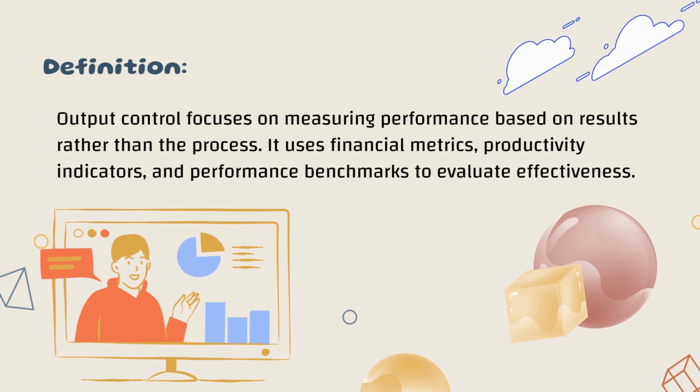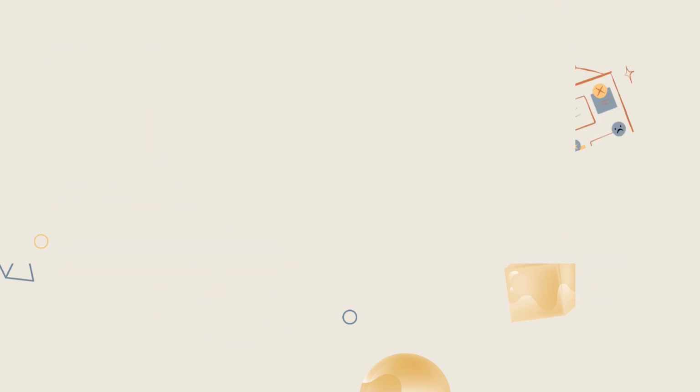Definition: output control focuses on measuring performance based on results rather than the process. It uses financial metrics, productivity indicators, and performance benchmarks to evaluate effectiveness.